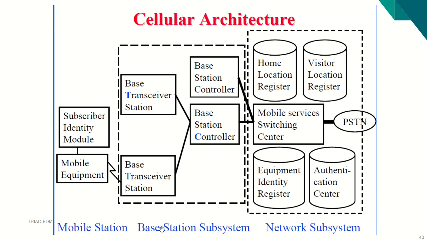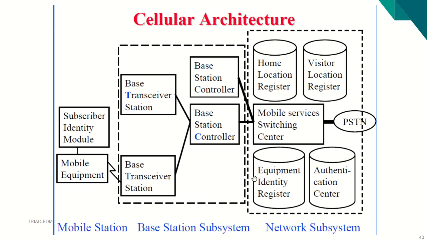Then the base station subsystem includes a whole bunch of stuff: the base transceiver station, and when it repeats, it means you have multiple. The base transceiver station connects to the base station controller, which also repeats itself with multiple stations.